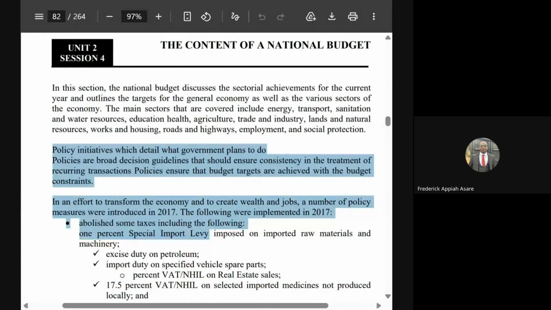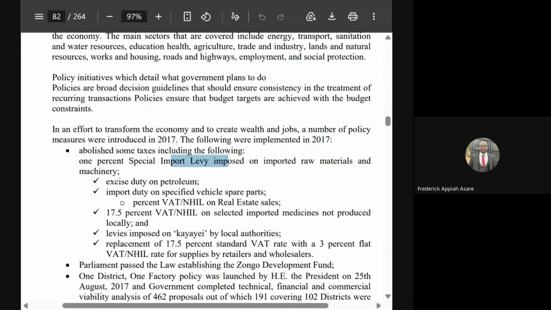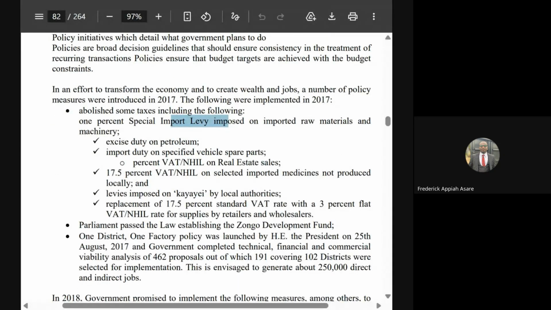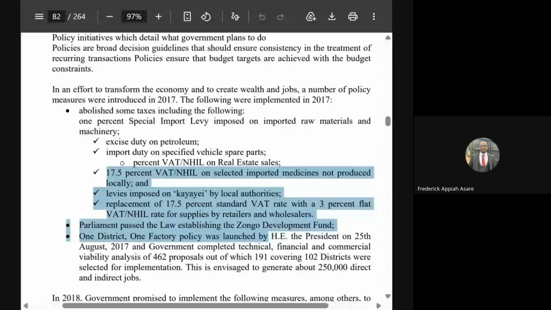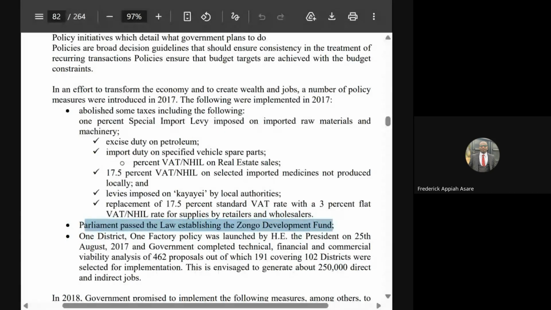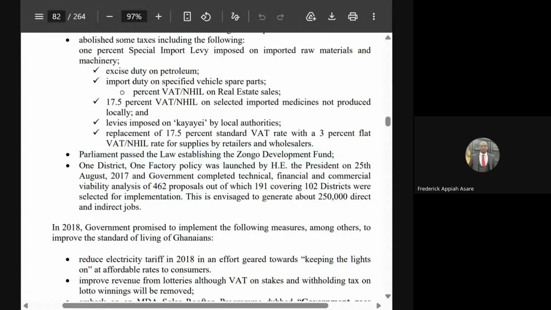They will talk about the taxes that they abolished in 2017. They said they have abolished excise duty on petroleum, import duty on specified vehicle spare parts, and VAT on real estate. Also, Parliament passed a law establishing the Zongo Development Fund. They also talked about the one district, one factory policy.